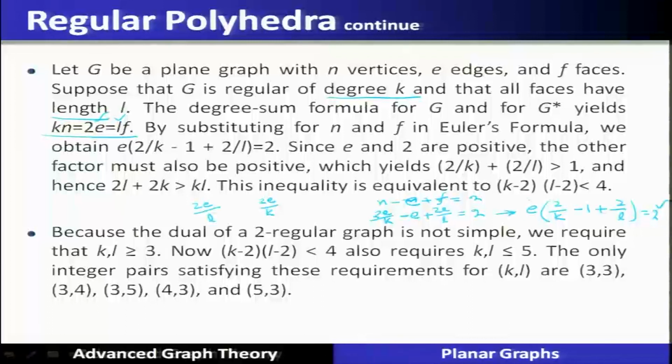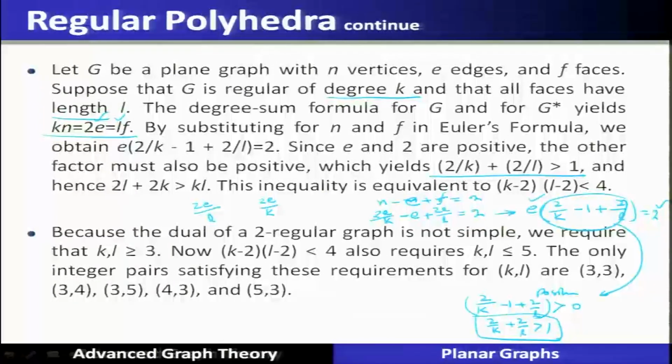Now E and 2 are positive, hence this entire thing is positive. Therefore 2 upon k minus 1 plus 2 upon L is greater than 0. So 2 upon k plus 2 upon L is greater than 1.